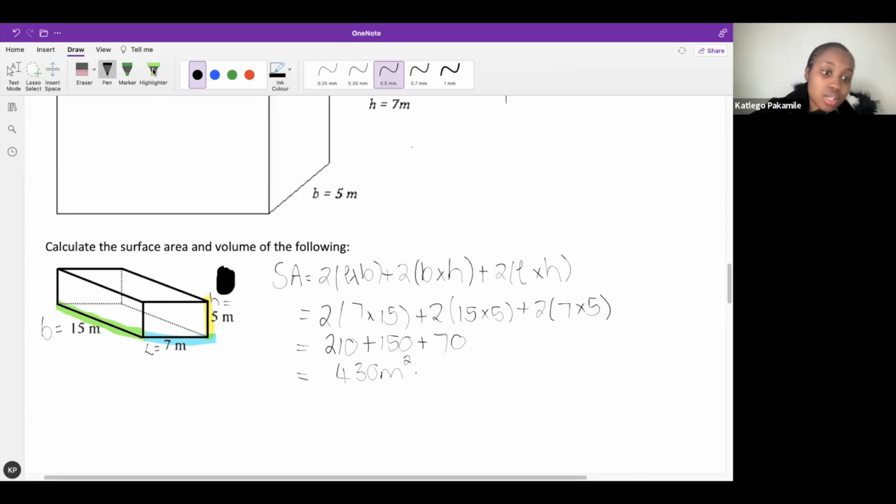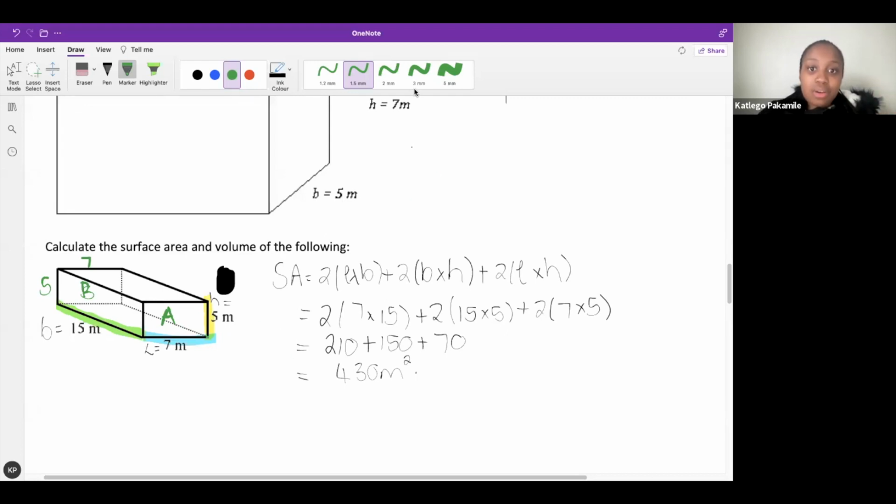So visualize this. The face in front, I'm going to name it A. A is facing B. Do you agree? Do you see that they have the same dimensions? If the length is 7 meters there, then it's 7 meters there, and down, it is 5 meters. So that means A and B are exactly the same rectangle. So I'm just going to find out the area of one of them and then times it by 2 because there's 2 of them.